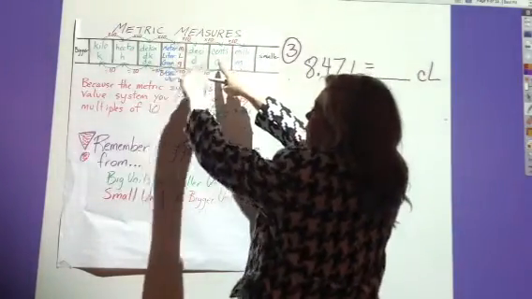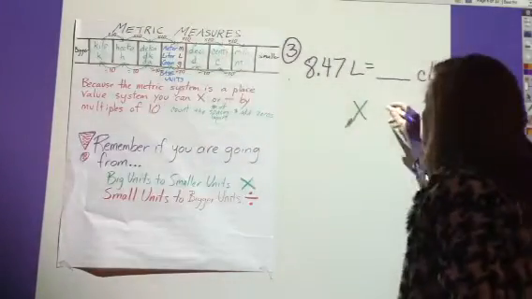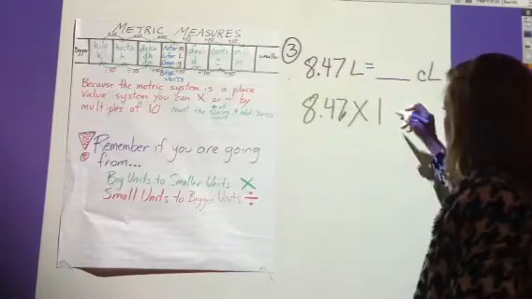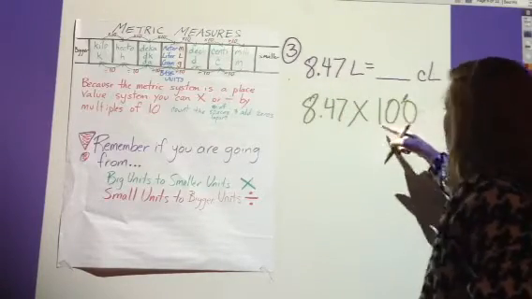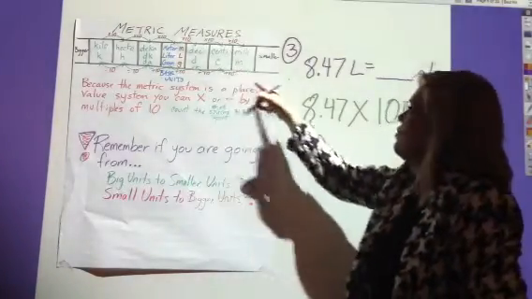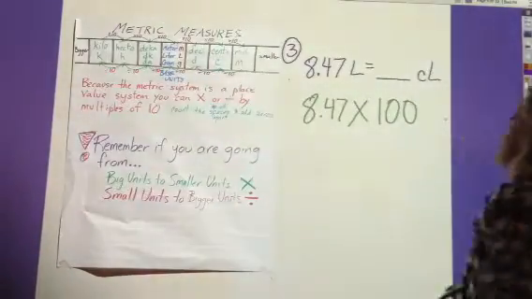I'll then look at how many spaces away. It is 2 spaces away, so I'm going to be multiplying my original number by 1 with 2 zeros. Again, I know to put 2 zeros because it was 2 places away. I know that I'm multiplying because I'm going from bigger to smaller.